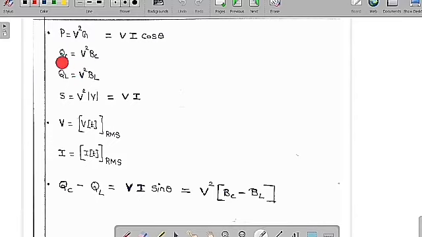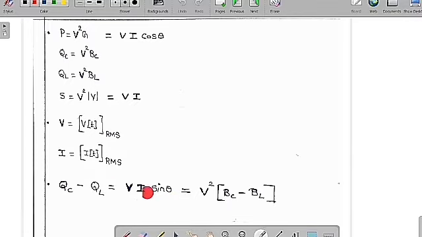Whereas QC is equal to V square by XC, or simply V square into BC, and QL is equal to V square by XL, or simply V square into BL. If we go for QC minus QL, taking V square common, it is V square of BC minus BL, which is equal to VI sin theta.